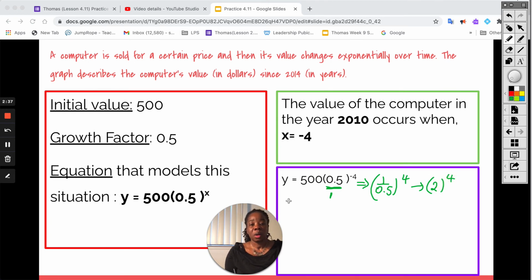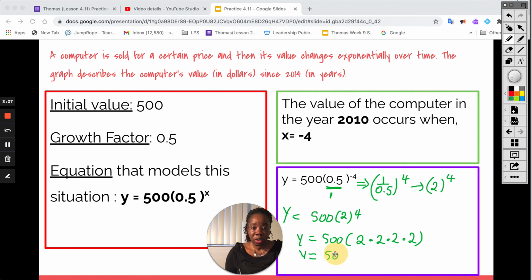Okay, so this will become y is equal to 500 times 2 to the 4th power, and we know we're going to multiply that 2 by itself 4 times, so that's 500 times 2 times 2 times 2 times 2, and 2 to the 4th power is 16, so that is y is equal to 500 times 16, which is equal to $4,000.